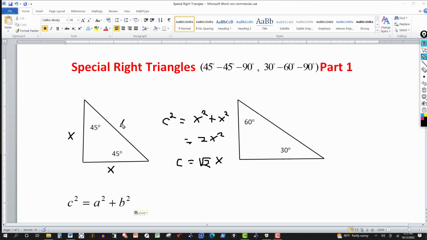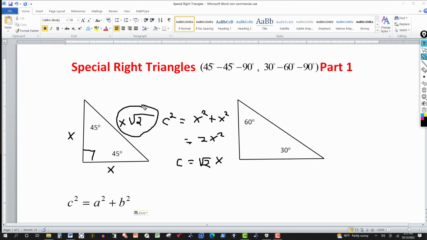If this side is x, the other side is also x, and you have this type of triangle, where this is 90 degrees here, then the hypotenuse will always equal the length of one of the legs, doesn't matter which because they're the same length, multiplied by the square root of 2.